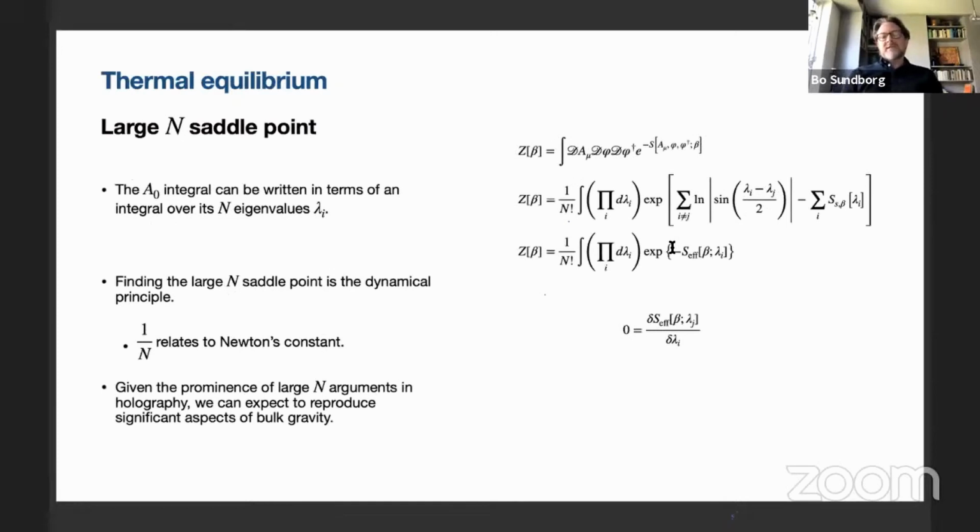Now, next step is to be serious about the large N story. How can we take the large N limit and make use of that to get out interesting results? Well, the integral over the time component of the vector potential should somehow be an invariant integral, and the only invariant information about A0 is its eigenvalues.